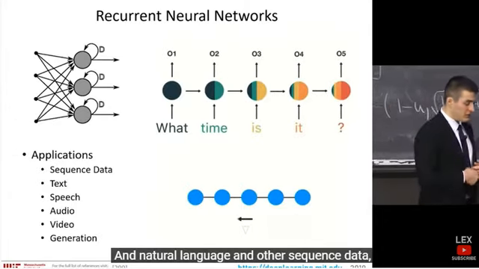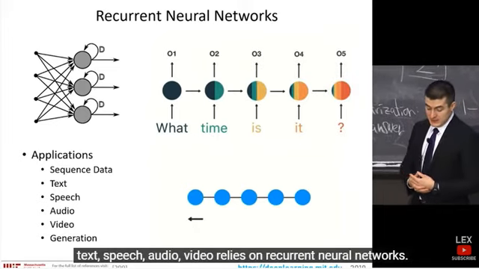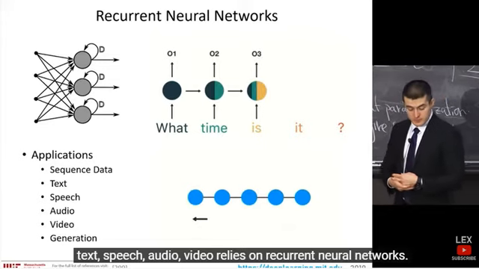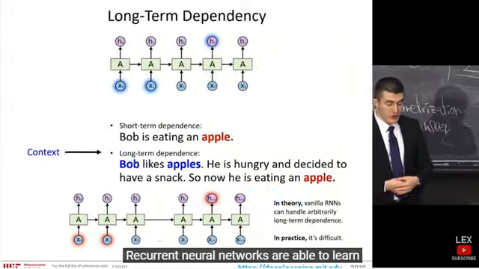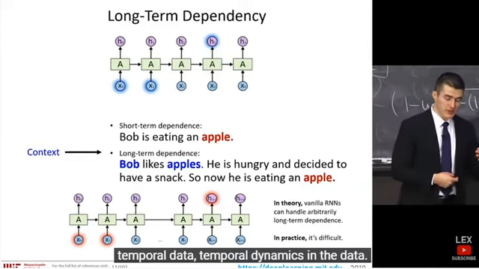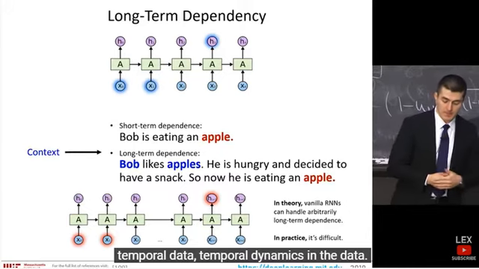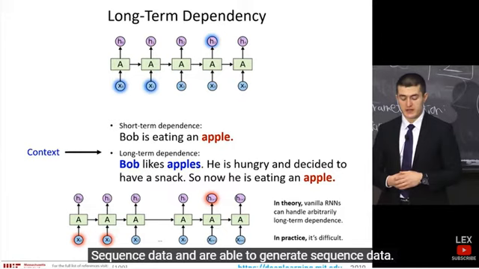And natural language and other sequence data, text, speech, audio, video, relies on recurrent neural networks. Recurrent neural networks are able to learn temporal dynamics in the data, sequence data, and are able to generate sequence data.